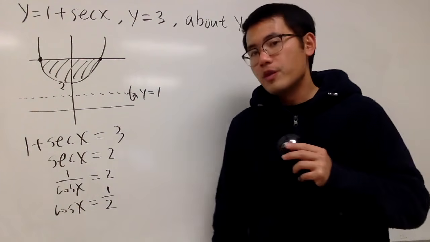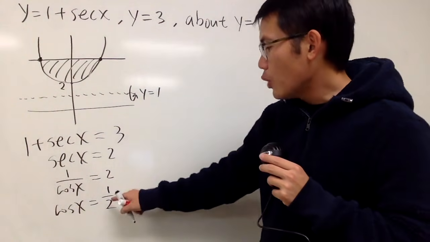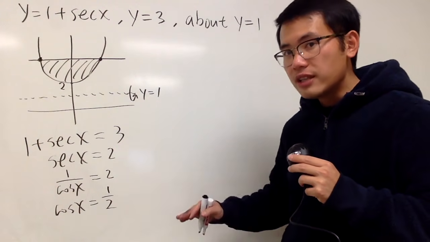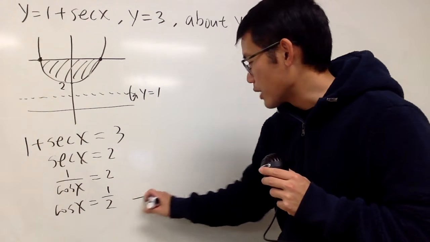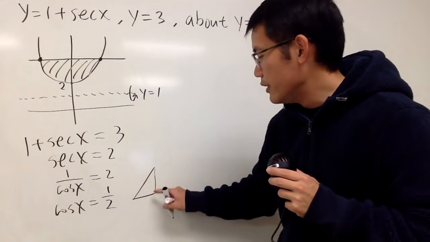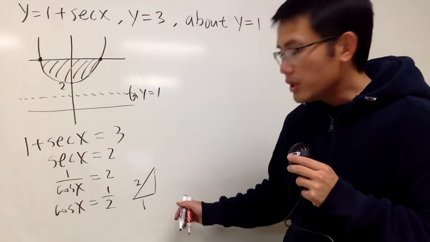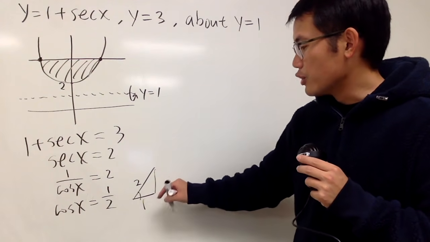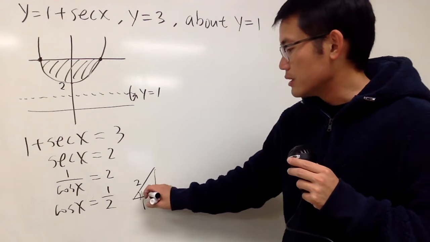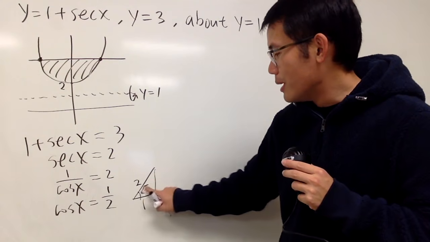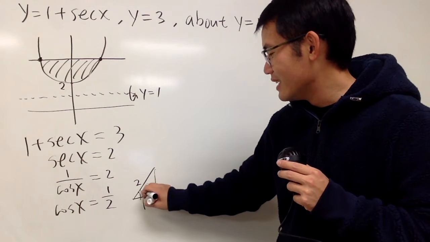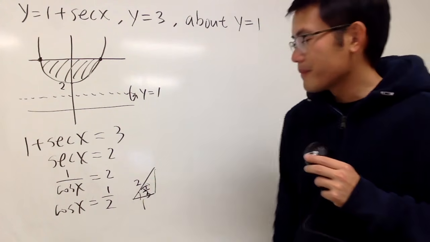Where and where though? Well, have a look. Cosine is what? Adjacent over hypotenuse. So you can look at a triangle real quick. The adjacent is 1, the hypotenuse is 2, and you know this right here will be square root of 3. So this right here is going to be 60 degrees, namely pi over 3. Okay?